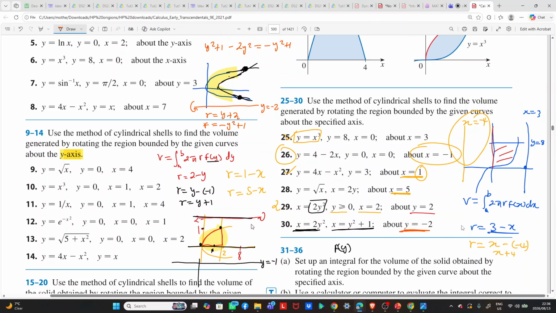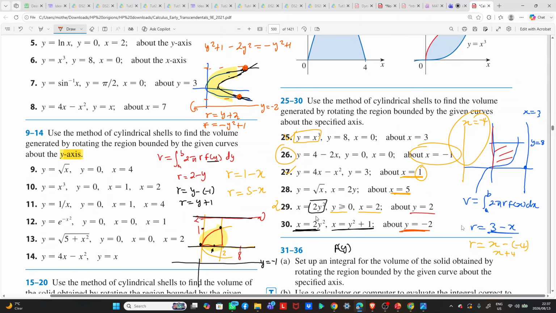Then to find the bounds, since you are going to integrate in terms of variable y, you need to know what the value is there and there. You can find that from the intersection of those two graphs.